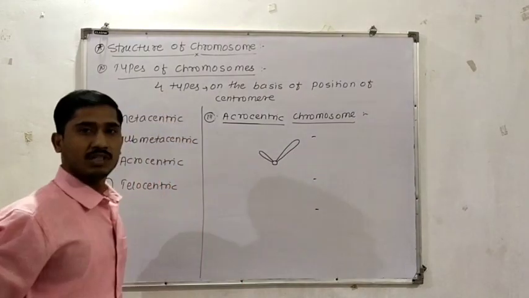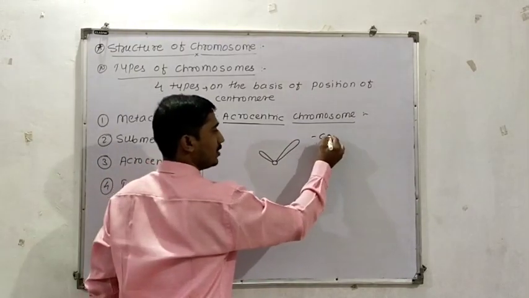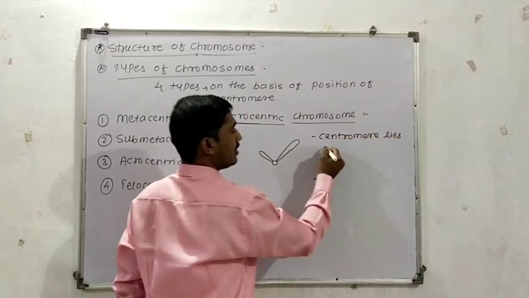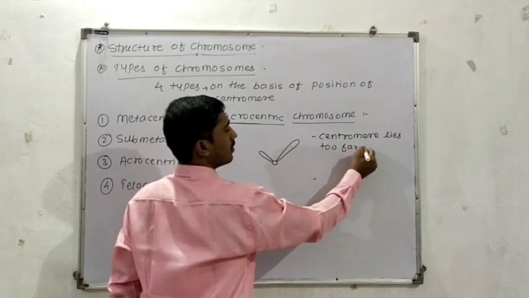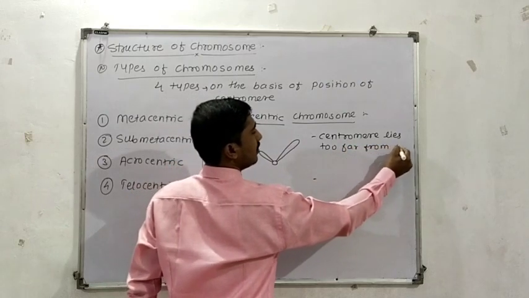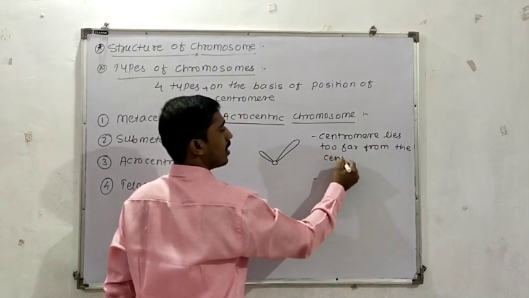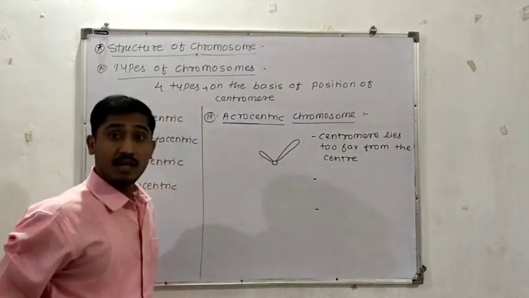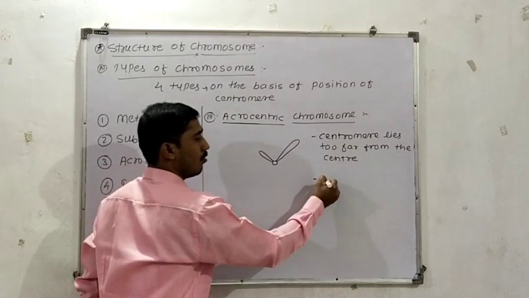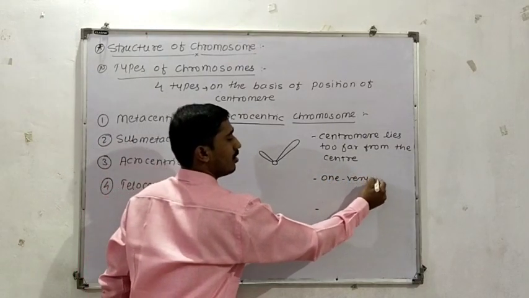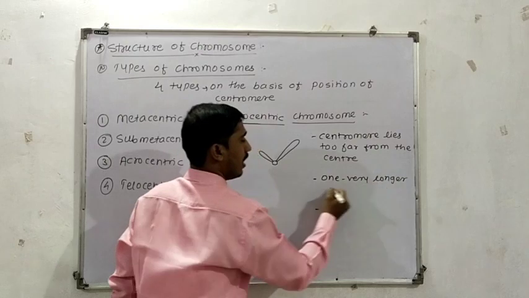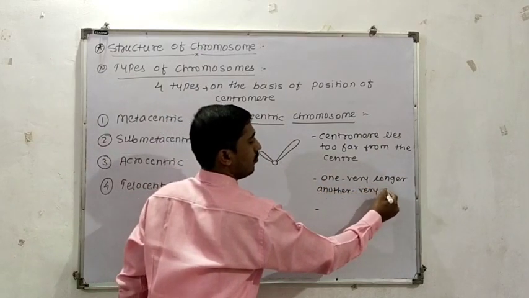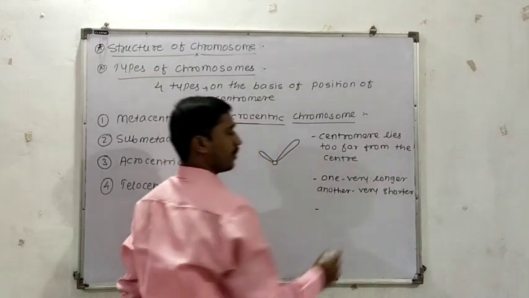So which points do we have to keep in mind? Centromere lies too far from the center. Then what about chromatid length or arm length? One chromatid is very long and another chromatid is very short.